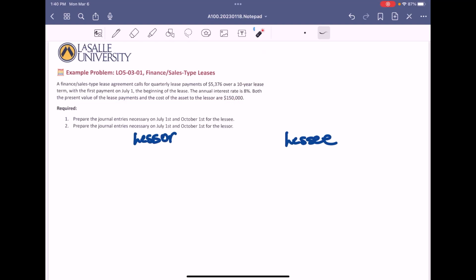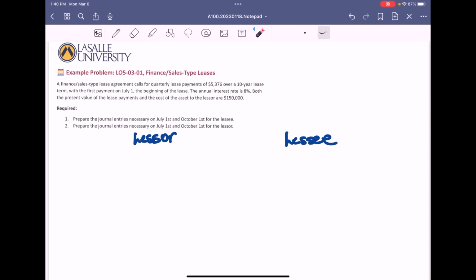So the nice thing about this problem is they tell us right out of the gate that this is a finance sales type lease. So we do not need to consider the 5 criteria to classify this lease as being either finance or sales type or an operating lease.